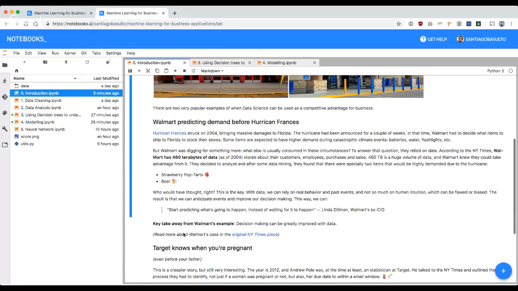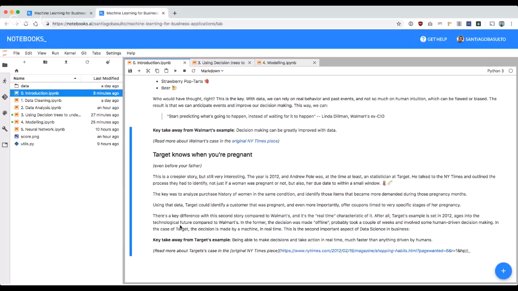Now, in the Target one, this is a more real-time event. Okay, they are classifying women in real time and offering coupons or different sales prices for those women that they detect pregnant, and also given the stage of that pregnancy.